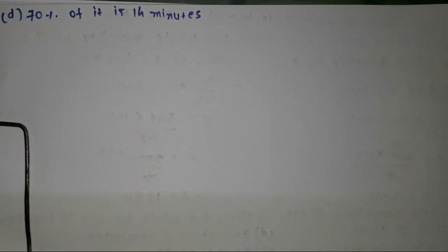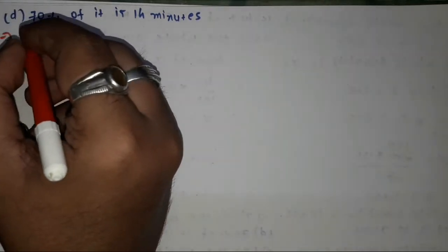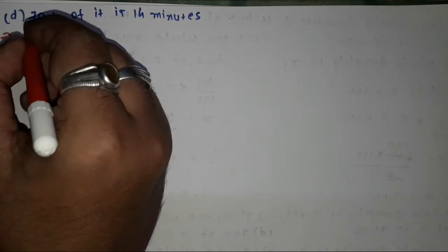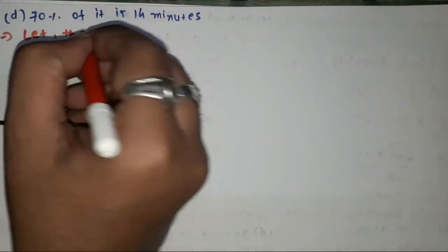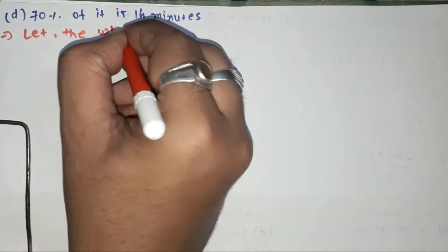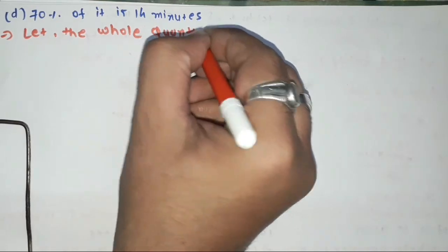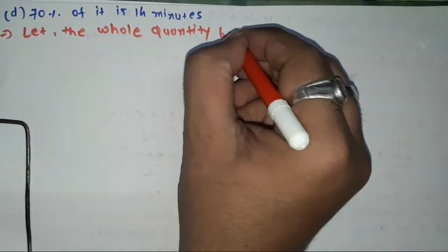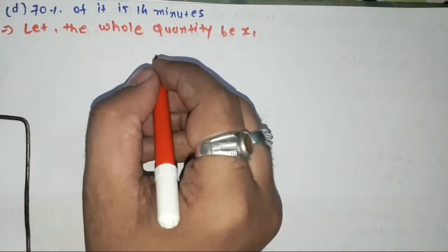Next one is 70% of it is 14 minutes. Now the first step, we all know, is that we will write: let the whole quantity be x. Here we assume that the whole quantity is x.